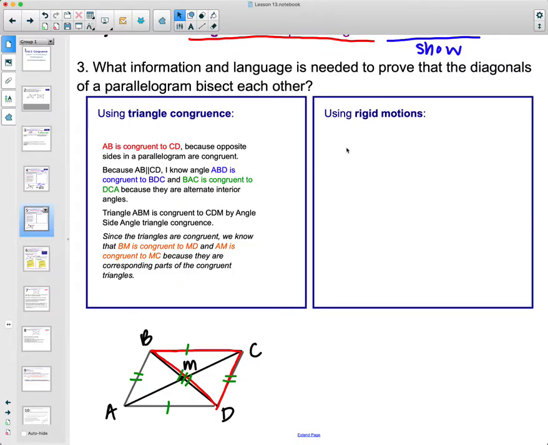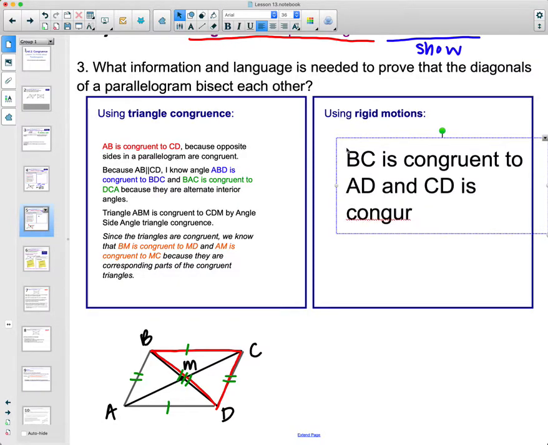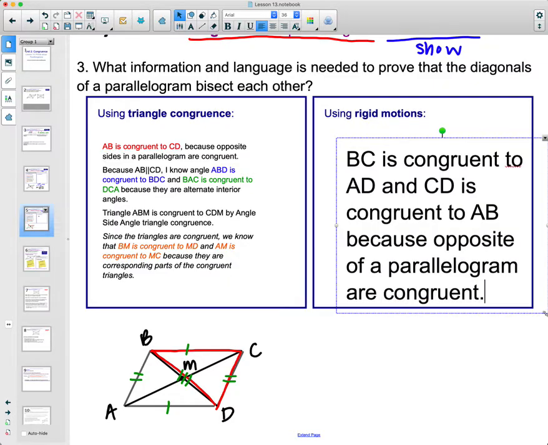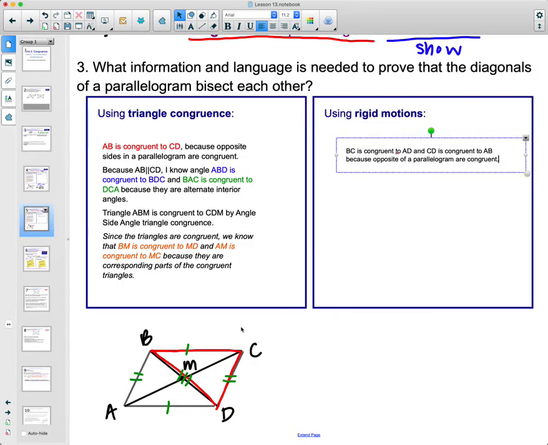So when you're going to say this in your proof, you would be saying BC is congruent to AD and CD is congruent to AB because opposite sides of a parallelogram are congruent. That's how you knew those. Then you would go ahead and do the reflexive, or that same segment.